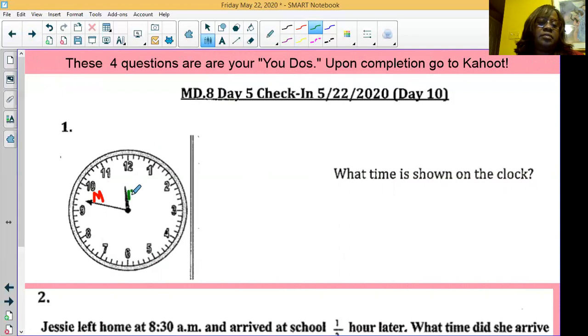Also remember that if your hour hand is in between 2 numbers, it would be the smallest number. So for example, this one is between 11 and 12, so your hour would be the least of these 2. You figure that out. Then you just count your minutes. Remember, every number stands for 5. This is 0 here, so that's 5, 10, 15, and so on when you're trying to figure out your minute. So that's how you figure out the time.